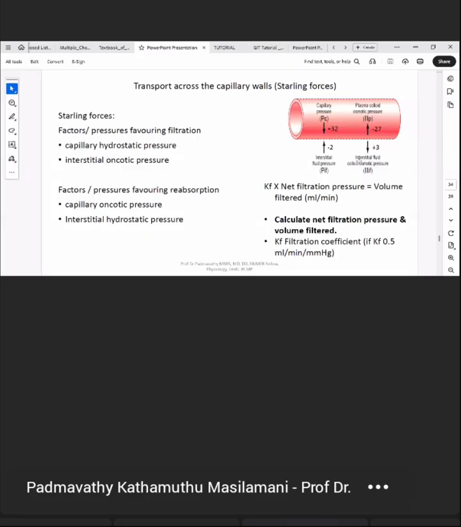For example, in this diagram, 32 plus 3 is 35 and 2 plus 27 is 29. Okay, so 33 minus 29, how much? 33 minus 29. What's the difference?